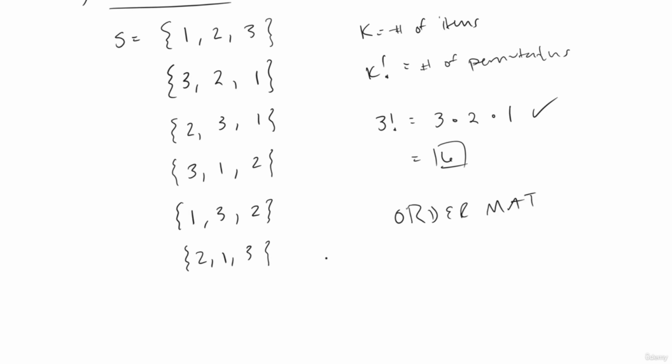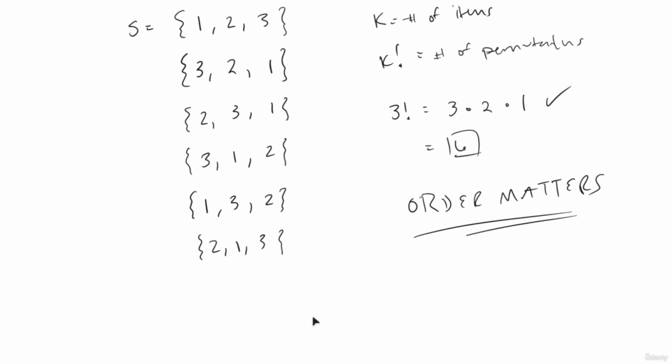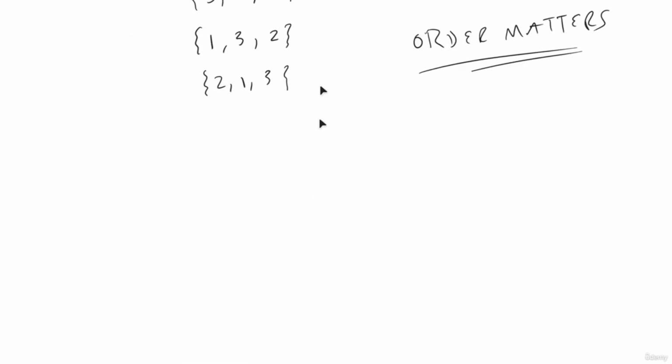And that is in contrast to combinations. And so I'm going to move this down a little bit. Combinations. In combinations, the order does not matter. And what I mean by that is, if I wanted to create a combination of numbers from our original set S, we had set S right here, and it had 1, 2, and 3.